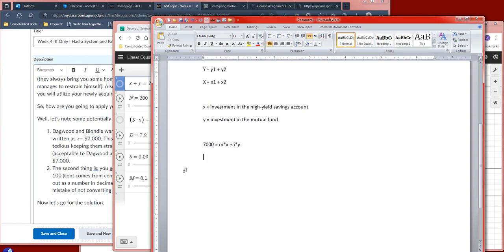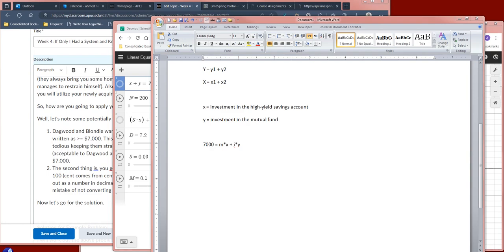Well, it doesn't correspond exactly, but the idea is that we are using X for the investment in the high yield savings account and Y for the investment in the mutual fund. Now I realize that this switching around of variables is confusing. So if there's a point of confusion, or if you have questions, post to the week 4 discussion board and I'll be more than happy to reply.